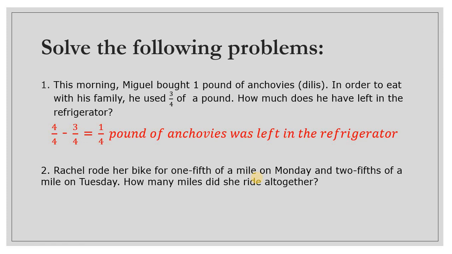Diba? So, we just have to add 1/5 and 2/5. So, since similar fractions naman sila, madali na lang. So, 1 plus 2 is 3. And then, copy the common denominator, which is 5. So, the final answer here is 3/5 miles, or Rachel rode 3/5 miles.